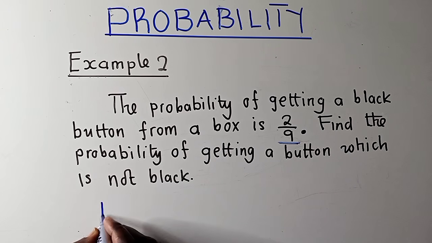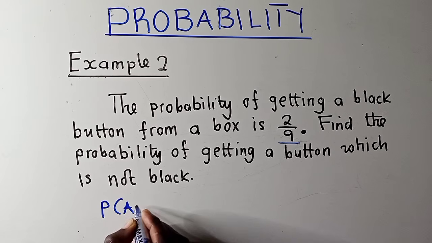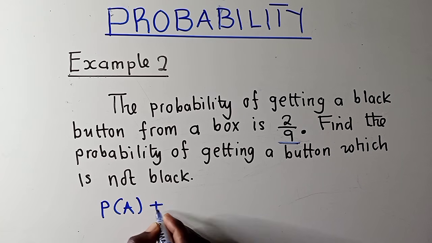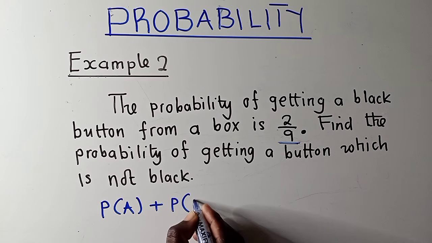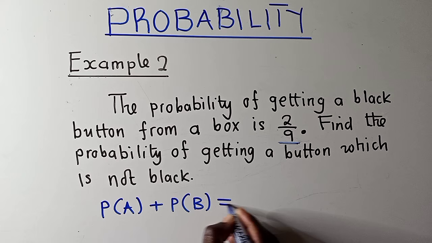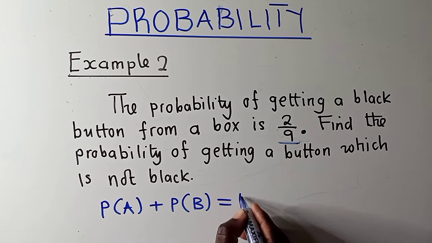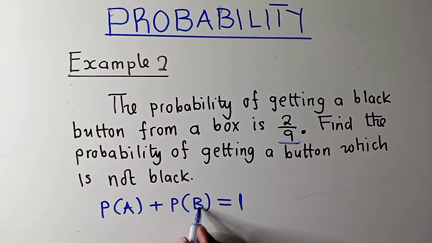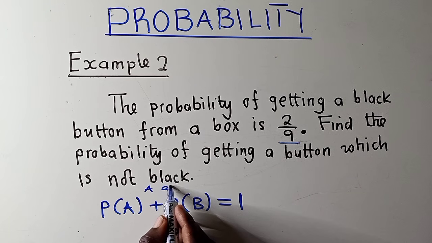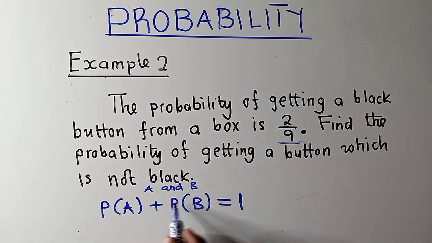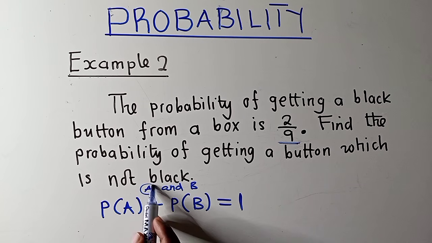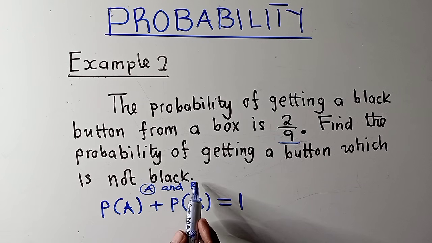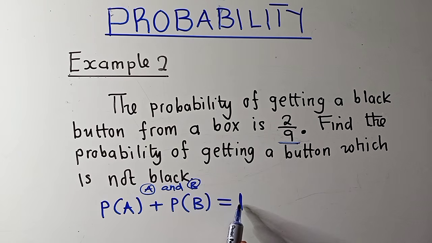Let's say you've got event A plus probability of event B, this must give you 1. If you've got A and B, the probability of picking A plus the probability of picking B must give you 1. This is the idea that we're going to use.